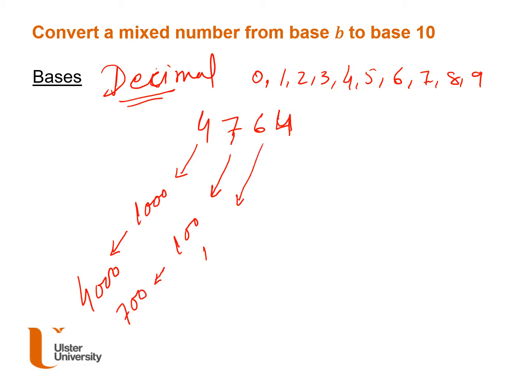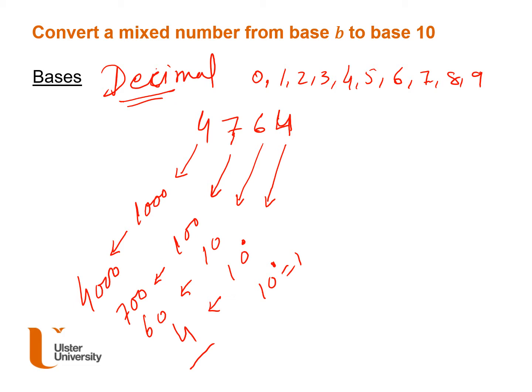Weight of 6 is, let's say, 10, and it's gonna make 60. And weight for 4 is a unit, so we're gonna write 10 to the power 0. And 10 to the power 0, we know that anything to the power 0 is 1, so it would be a 4. So in the decimal number system, every digit has its weight according to its position.